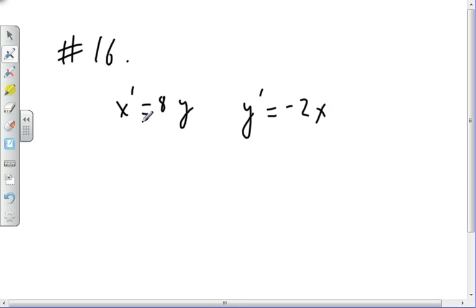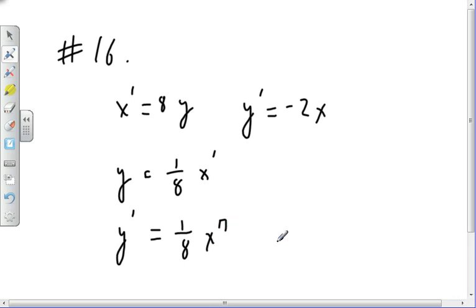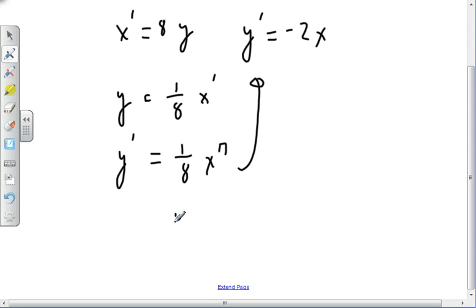Okay, so I'm going to write it as y is equal to 1/8 x prime, and then y prime would be 1/8 x double prime. I'd substitute that up into there and say that 1/8 x double prime plus 2x is equal to 0.